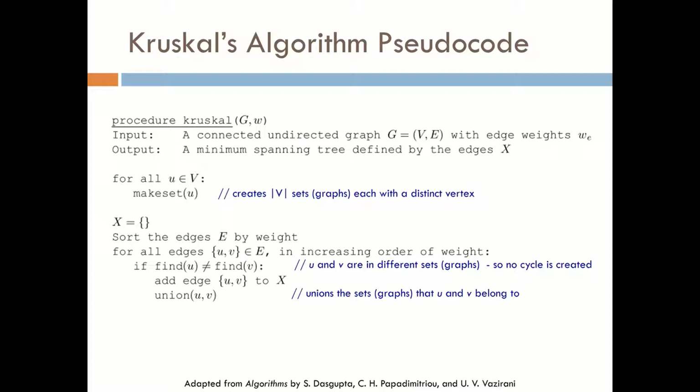If the endpoints for the edge are in different sets, we will keep that edge in our minimum spanning tree, and we will union those vertices into the same set. Otherwise, you notice that we do nothing. In that iteration of the for loop, we do nothing because the if fails, and so we fall through, and then we go back and execute the next iteration.